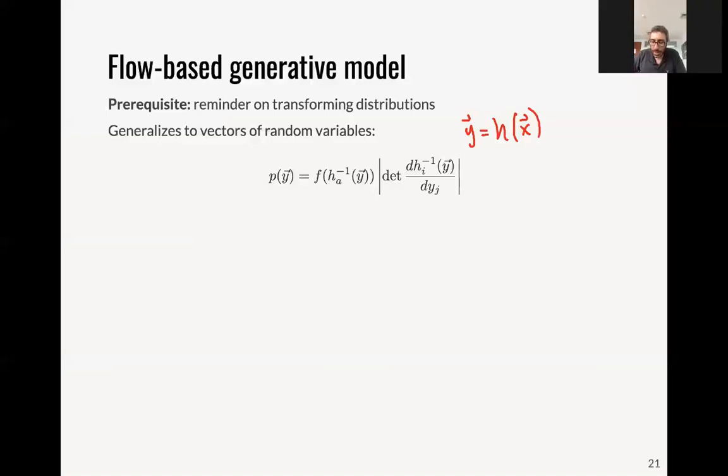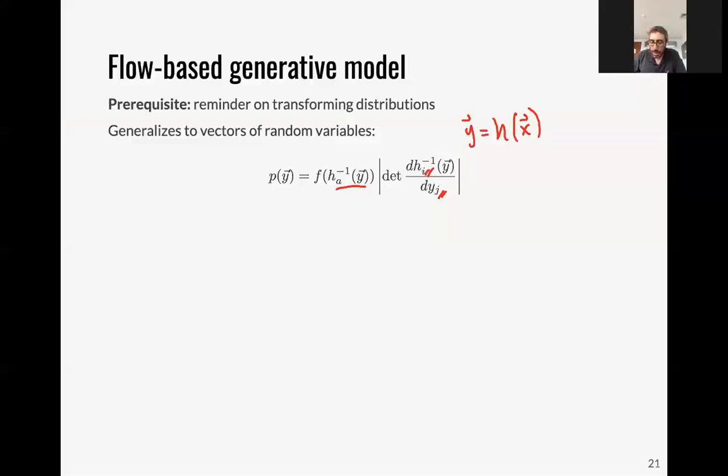It returns a vector, and so y is also a vector. Then notice that the Jacobian is now a matrix, right? So you have h_i and h_j there, and so it generalizes to being a determinant of the Jacobian, and again you have this term which is the original distribution.